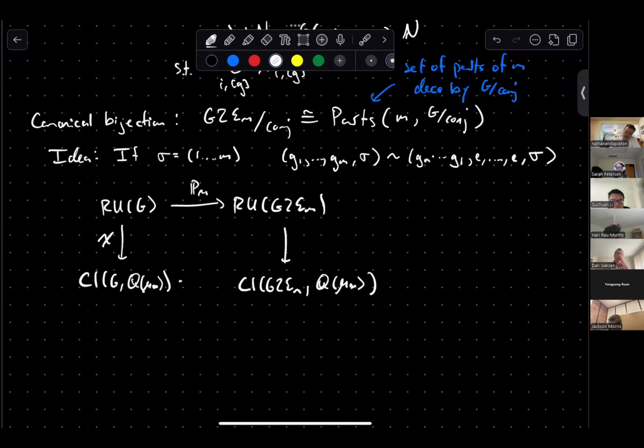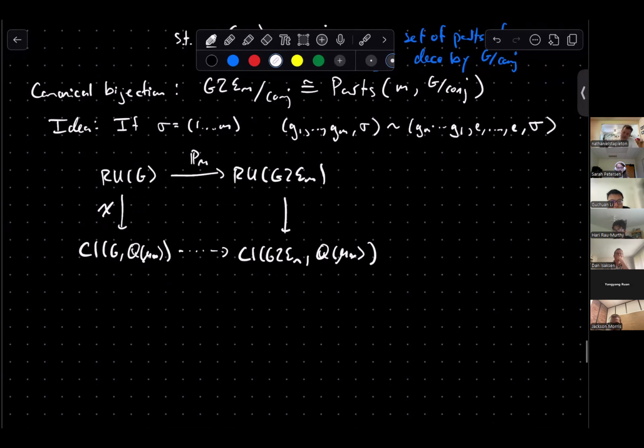And what I'd like is some kind of map in here that makes this commute. It's not completely formal that such a thing exists. P_m is just some multiplicative map. It's not additive. I can't just tensor with Q. But it turns out that this is a solvable problem.